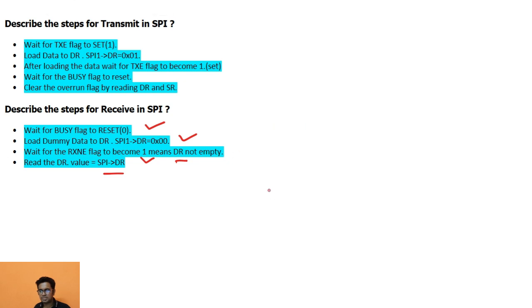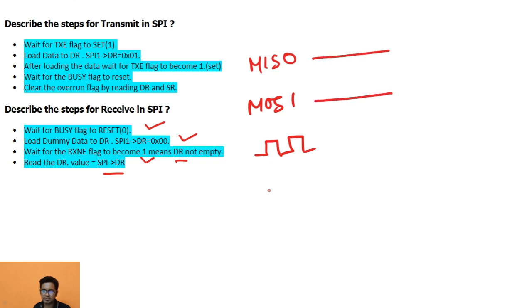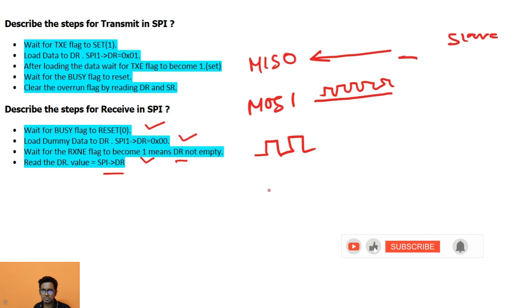And one important thing is that in SPI there is MISO and MOSI, and then the clock. Let's say there is only one slave connected. When you want to receive some data from the slave, you also need to send some dummy data, and in response the slave will be sending the data.